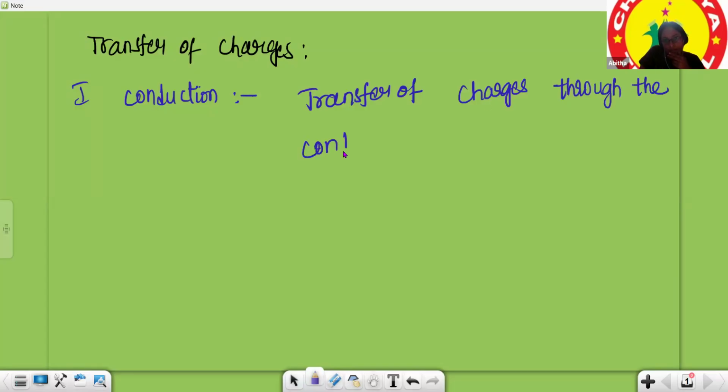The transfer of charges through the conductor is called conduction. Understand?